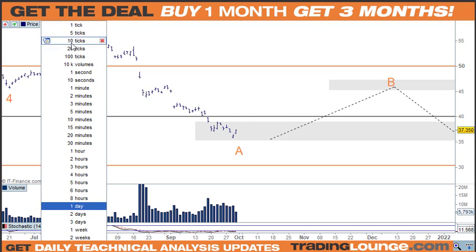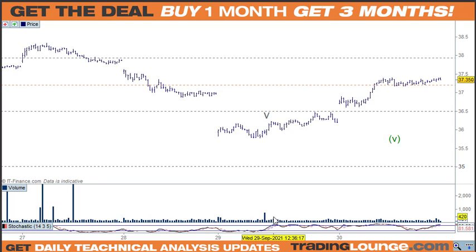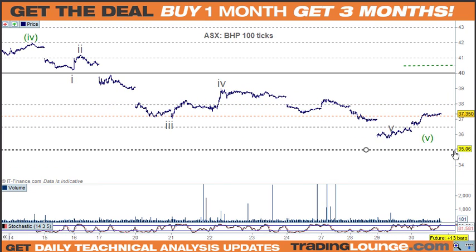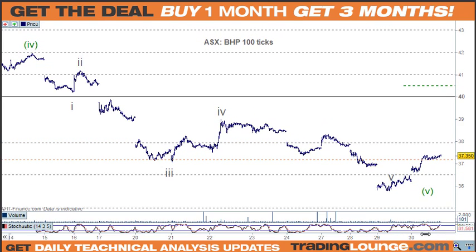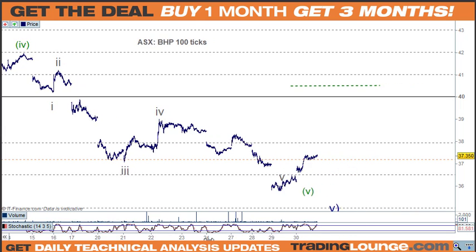Let's just have a look at the tick chart. We'd been working it on the tick chart. So from this wave 4 here, we looked at this as 1, 2, 3, 4, 5 for 1 and 2, and then 1 and 2 and 3 and 4 and 1, 2, 3, 4, 5, somewhere in there. ABC still leaves us with the 4th wave here, and then it was a matter of working out this here.